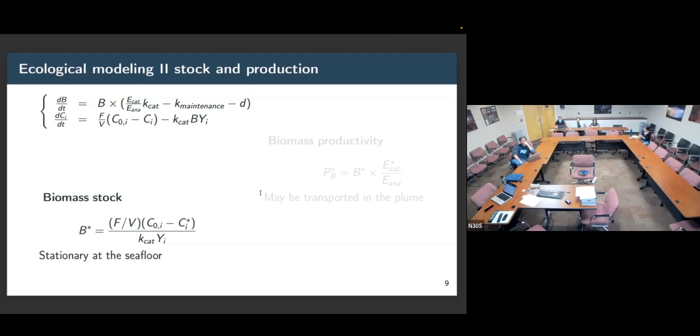But that quantity is stationary somewhere in the environment. It's local to the environment. So it's not directly related to biosignatures, right? This quantity is not exactly the quantity that we expect in the plume. It would be the quantity at the seafloor, at the hydrothermal vents. Especially so because methanogens in hydrothermal vents on Earth live in biofilms.